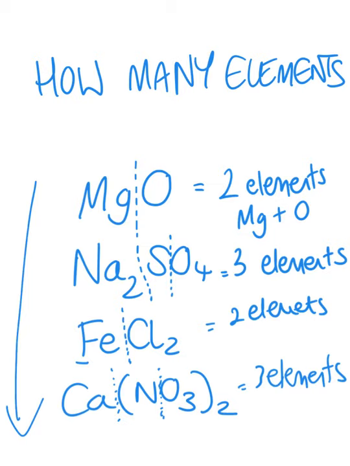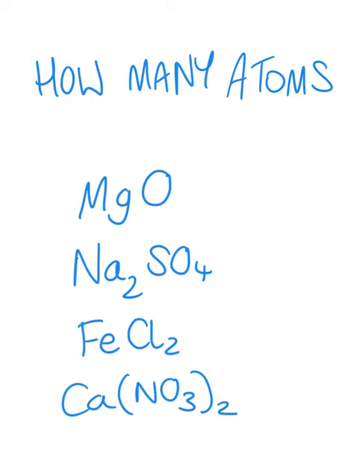We're then going to look at how many atoms. This is what we do for how many atoms. I've taken exactly the same chemical formulae from the previous slide, but we're now going to calculate how many atoms there are. You're going to split each of them up again into their elements.